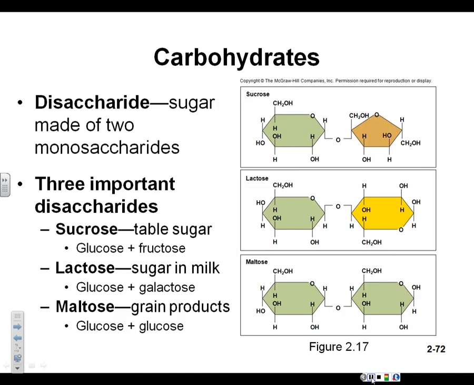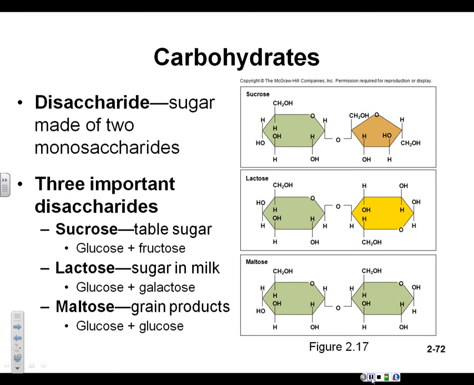Alright, a disaccharide, what is that? Alright, so again we got 3 disaccharides. Sucrose, lactose, and maltose. Alright, so sucrose is table sugar. And what 2 things make table sugar?